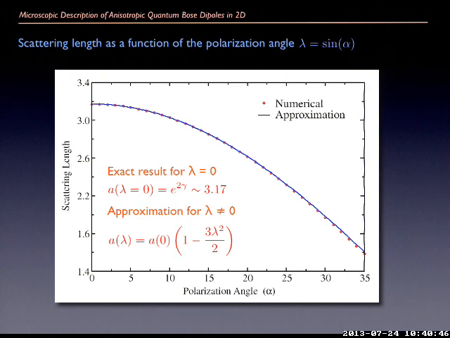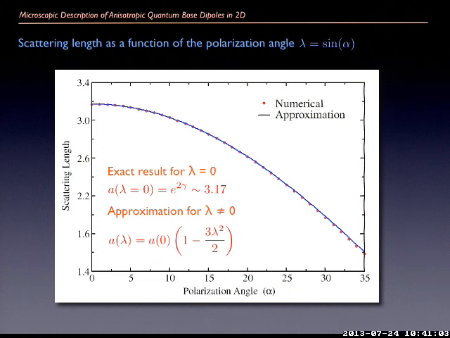And what you see is that the expression for the scattering length is essentially good enough. You don't need to go beyond that. So this turns out to be a very good approximation for the scattering length of the polar interaction as a function of the polarization angle.